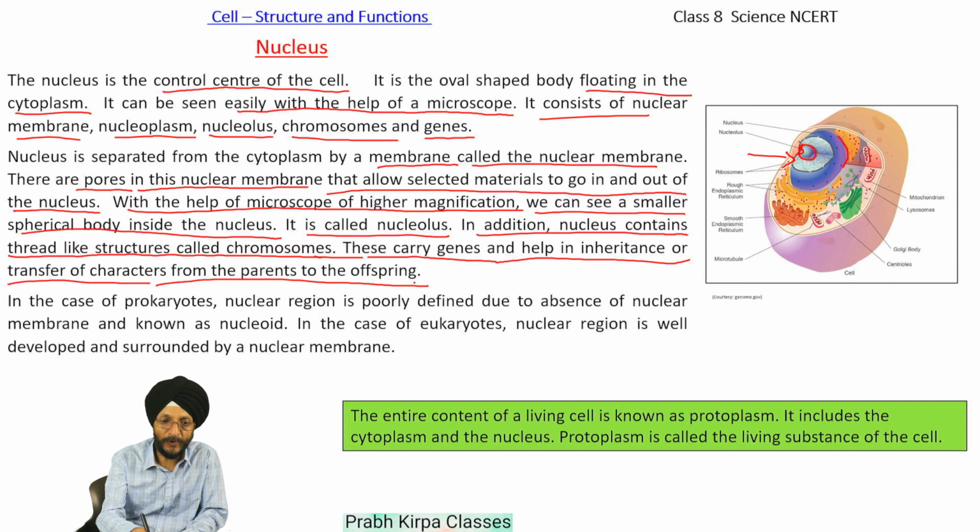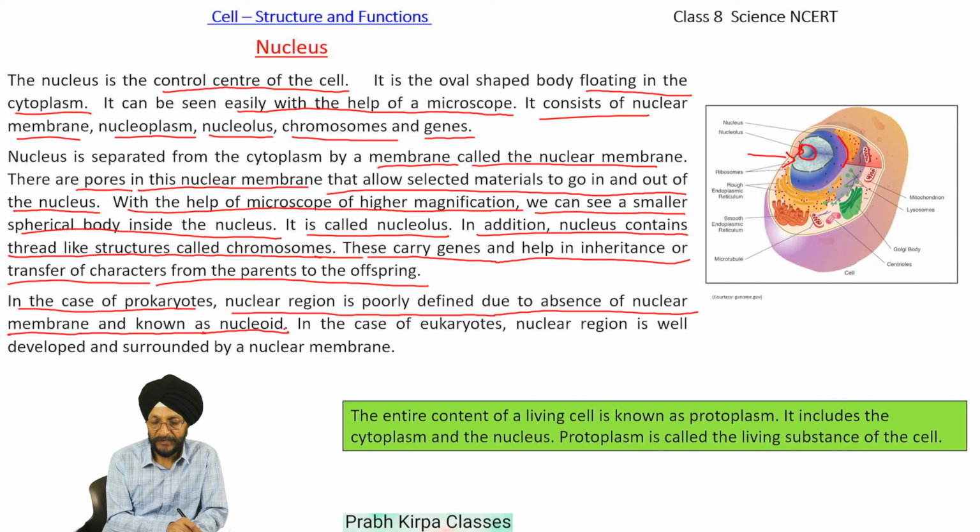In the case of prokaryotes, the nuclear region is poorly defined due to the absence of a nuclear membrane, and in prokaryotes the nuclear region is known as the nucleoid. That is, we can also say that the nucleus is absent in prokaryotes.